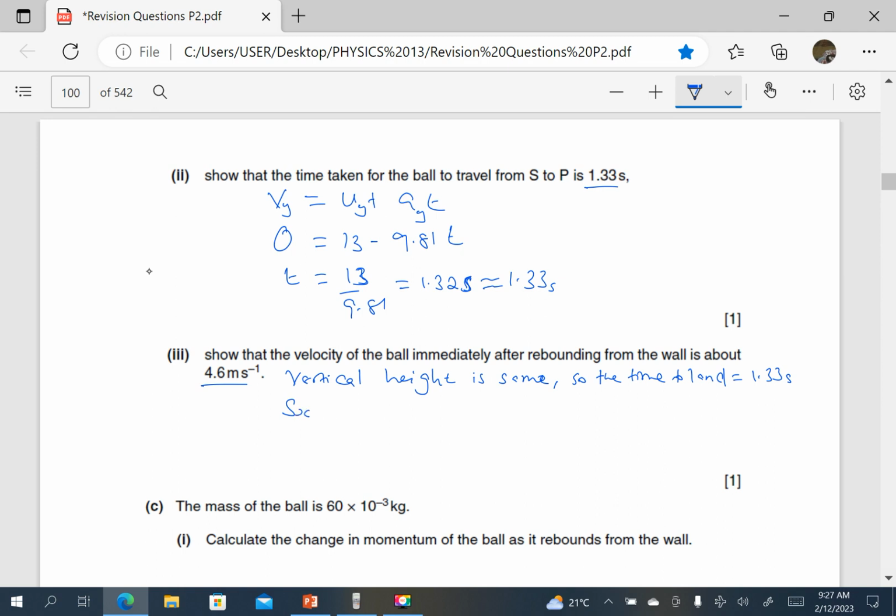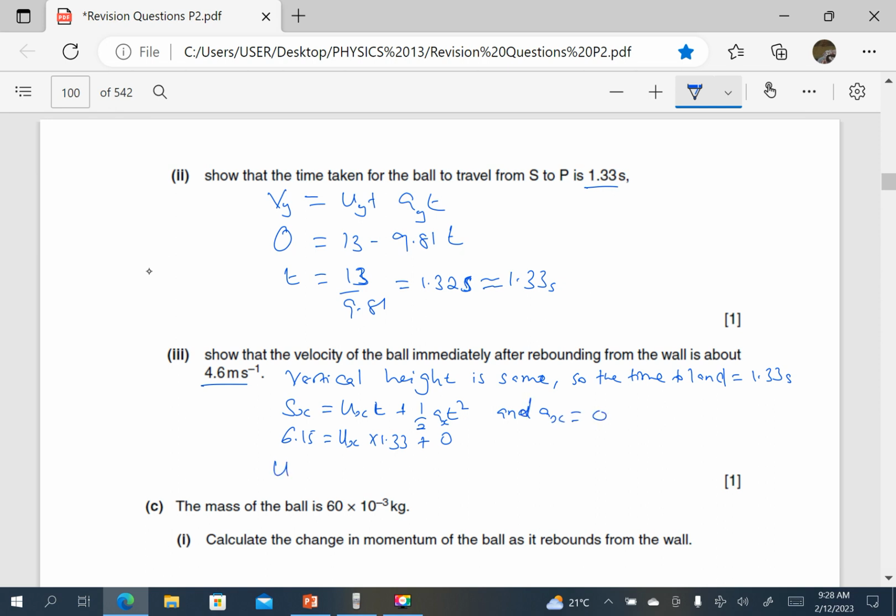If you use S in the X being equal to initial velocity in the X times t plus a half at squared, the displacement in the X when it lands is 6.15. This should be equal to the initial velocity in the X, which is what we want to find when it is leaving the wall. I'm calling it Ux, times the time, which is 1.33. Remember, the other part will be 0 plus 0, since acceleration in the X is 0.